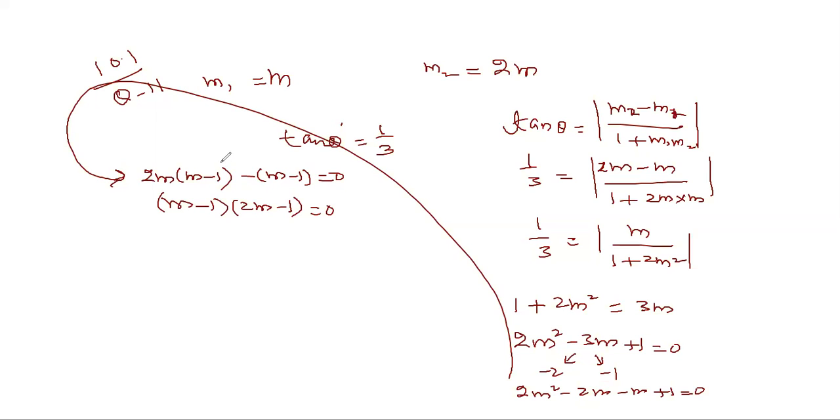So m is equal to 1 and m is equal to 1 by 2. This will give you m is equal to 1 or m is equal to 1 by 2. So this is the slope of the line. Either 1 or 1 by 2 will be the slope of this line.